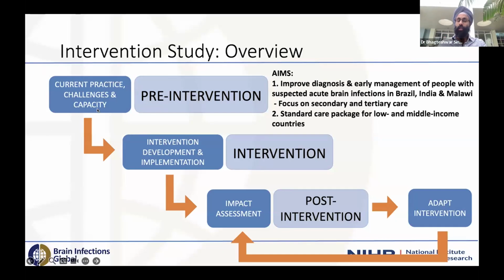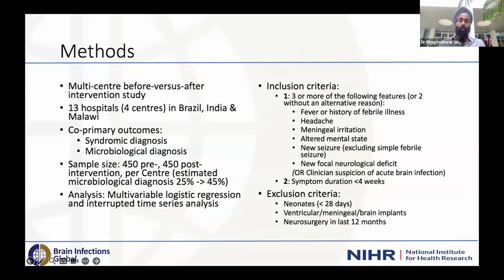We looked at what was happening initially. We developed an intervention in a co-designed fashion with hospital stakeholders and policymakers, and then we tried to work out what had happened because of the intervention or alongside the intervention. It was a multi-center before versus after study. We had 13 hospitals in the 3 countries, and our primary outcomes were looking at diagnosis, one of which was microbiological diagnosis.